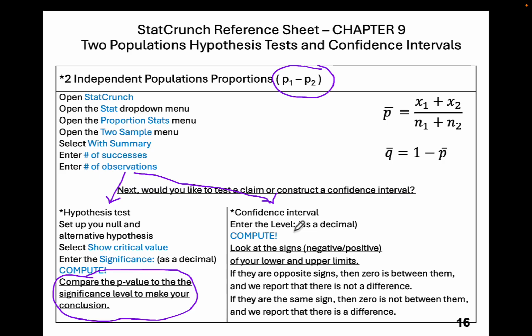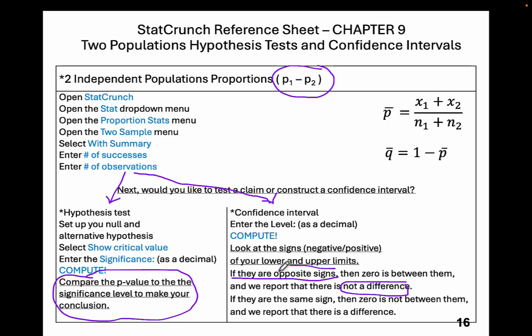Now, if we're setting up a confidence interval, we're going to have to tell the program what level of confidence we want, make sure we enter it as a decimal, we'll hit compute, and then what we're going to do is look at the signs, the negative versus positive. We want to look at the signs for the lower and the upper limits, and just like on the last slide, if they are opposite signs, then 0 is between them, and we conclude no difference, okay?